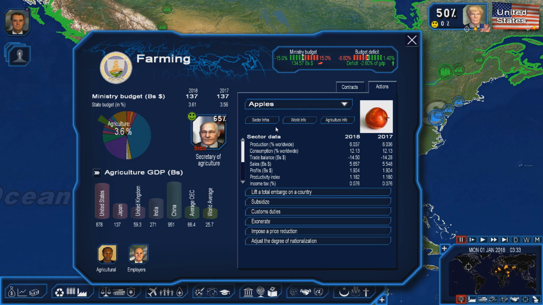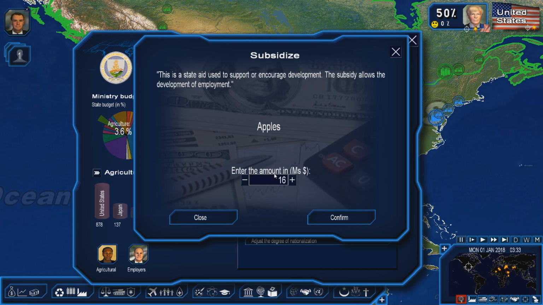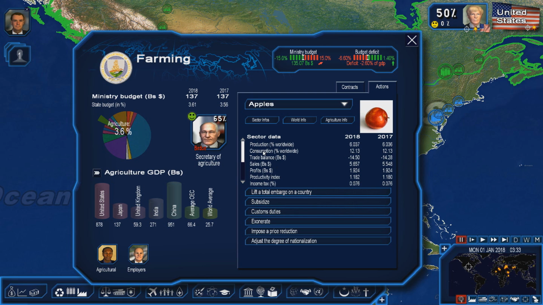If we wanted to come over here and grow the Apple industry, we can give them $500 million in subsidies. I'm going to go ahead and confirm that. Basically, again, it is the state giving money to that sector to help them hire more people, to give them more seeds to plant apples with, stuff like that.